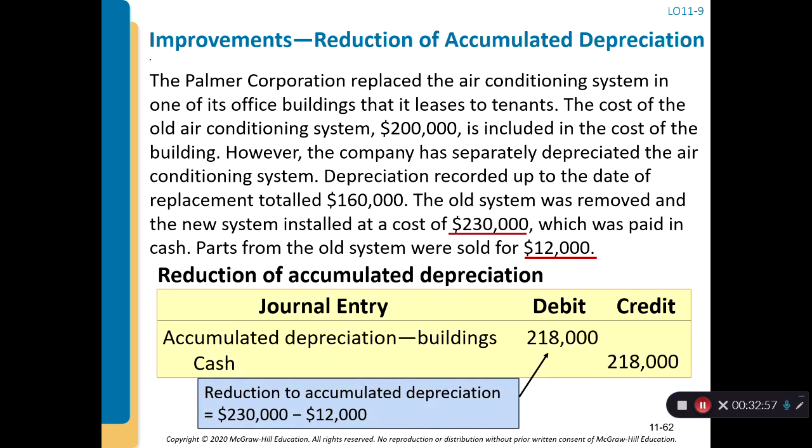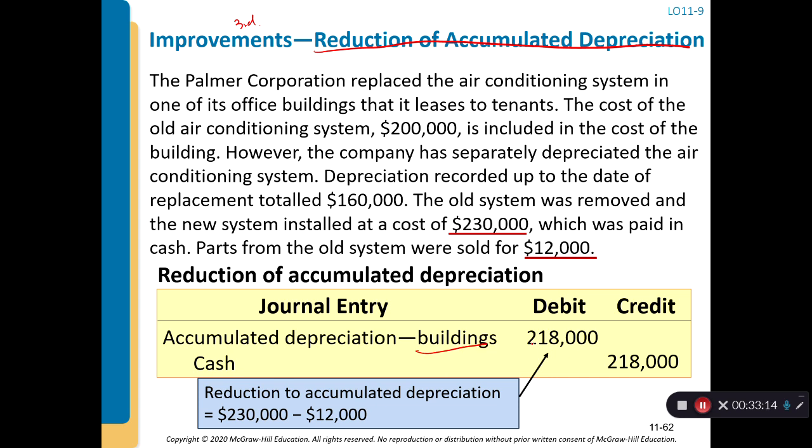And then if we want to choose the third method, which treats it as a reduction of accumulated depreciation, what do we do? Same thing. We reduce the accumulated depreciation of the old building by $218,000 as well.